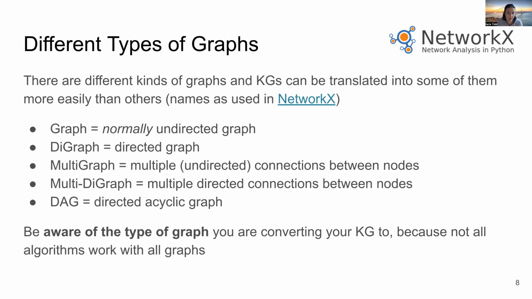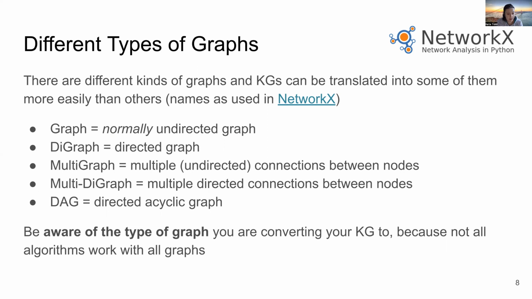Most of this conversion can be performed in Python through a library called NetworkX, which you are required to install for this course. We talk about a graph as an undirected graph and a digraph as a directed graph.